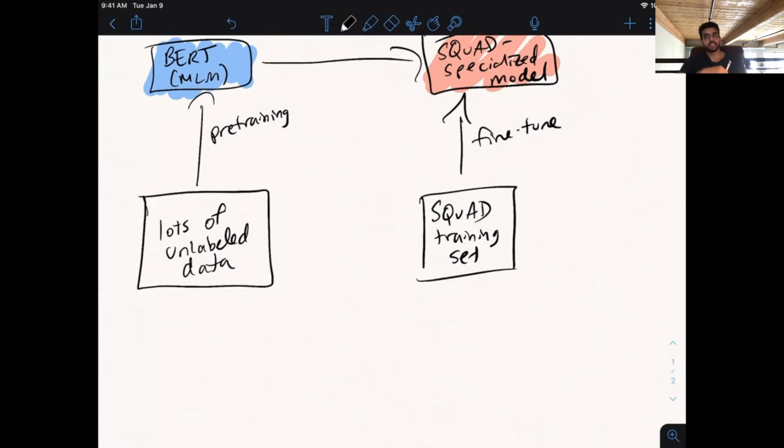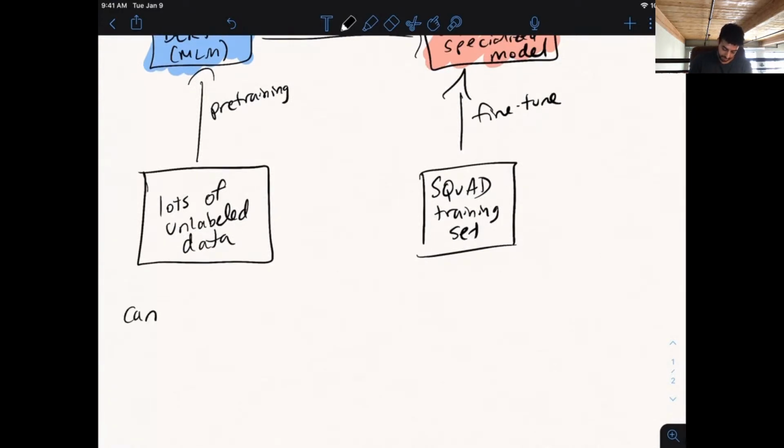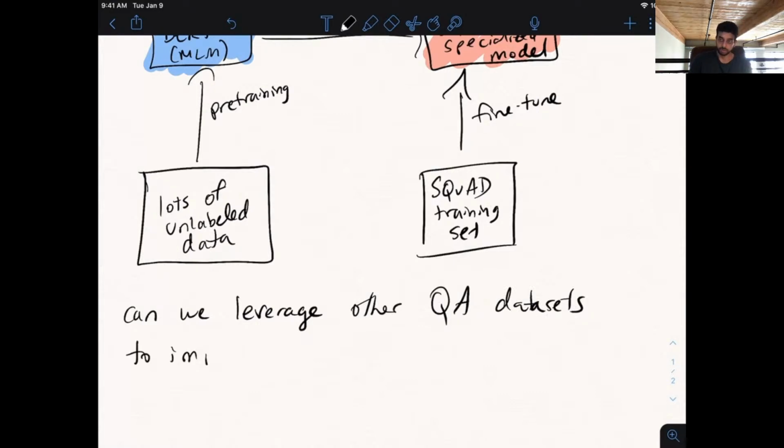And you might imagine that having access to some of these other QA data sets can help further boost my performance on Squad. So one question: can we leverage other QA data sets to improve our Squad test time performance?